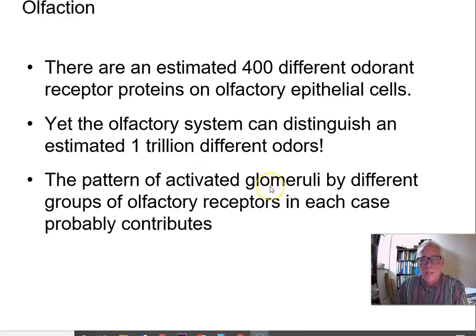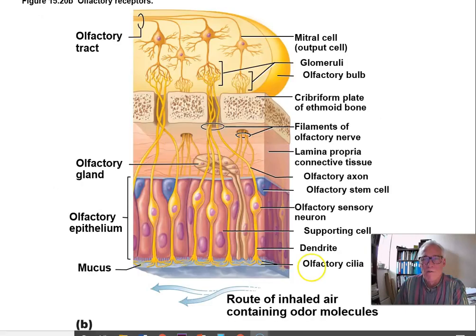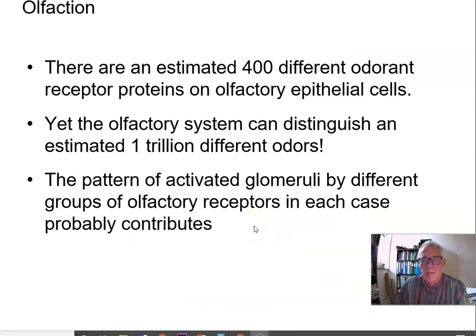That's because it's thought that the pattern of activation of different olfactory receptors, and how these groups of receptors affect different glomeruli and different mitral cells, is a different pattern for every slightly different chemical compound. We can appreciate many, many different odors, even though there are only 400 different receptors on these sensory neurons. So it's pretty wild.